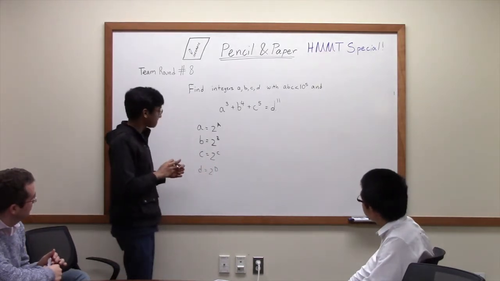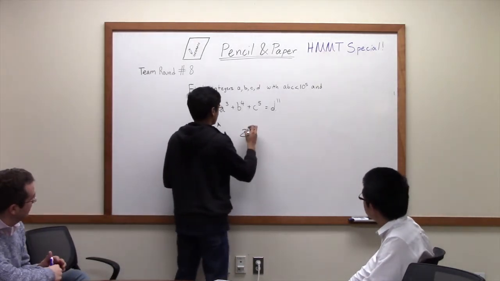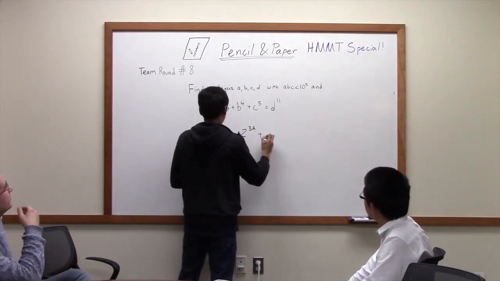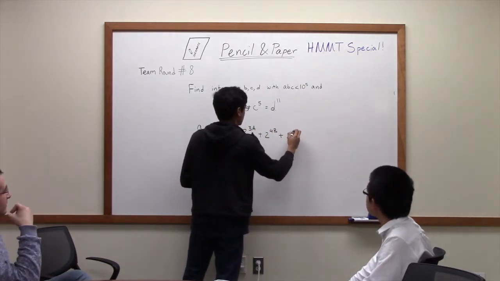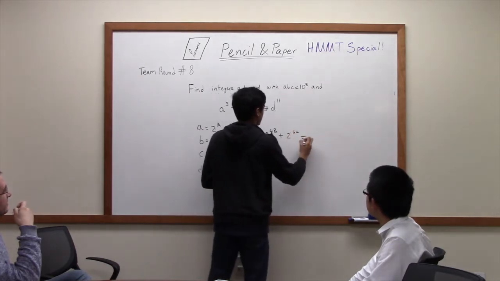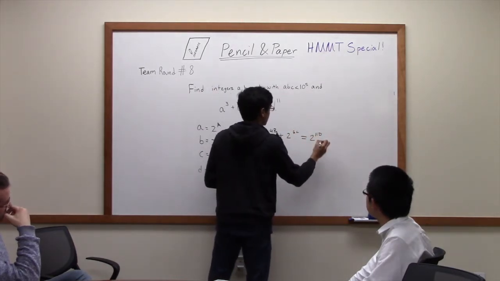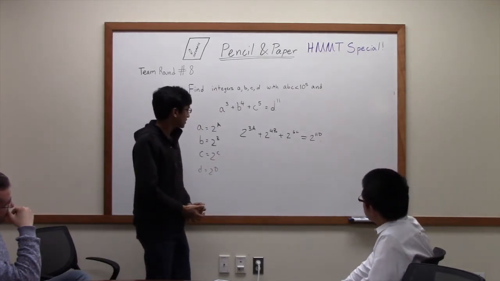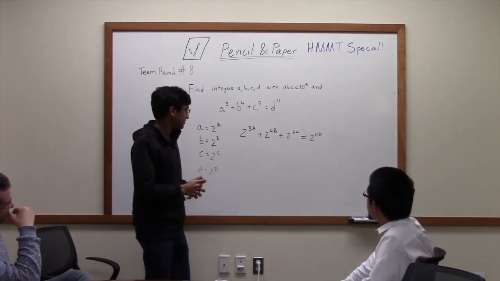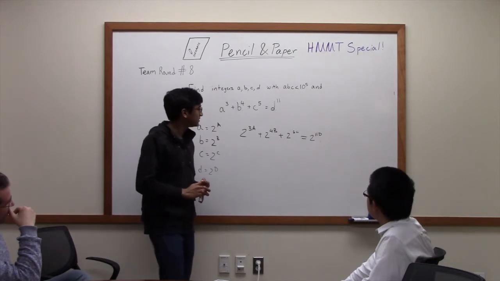That means 2 to the 3A plus 2 to the 4B plus 2 to the 5C equals 2 to the 11D. So now it seems like we're going to have to do some more guess and check to find a solution.